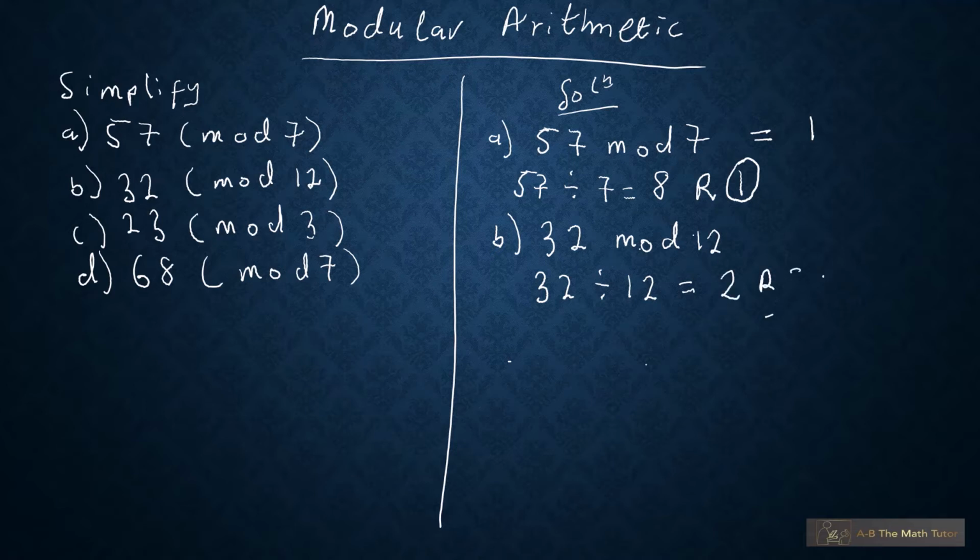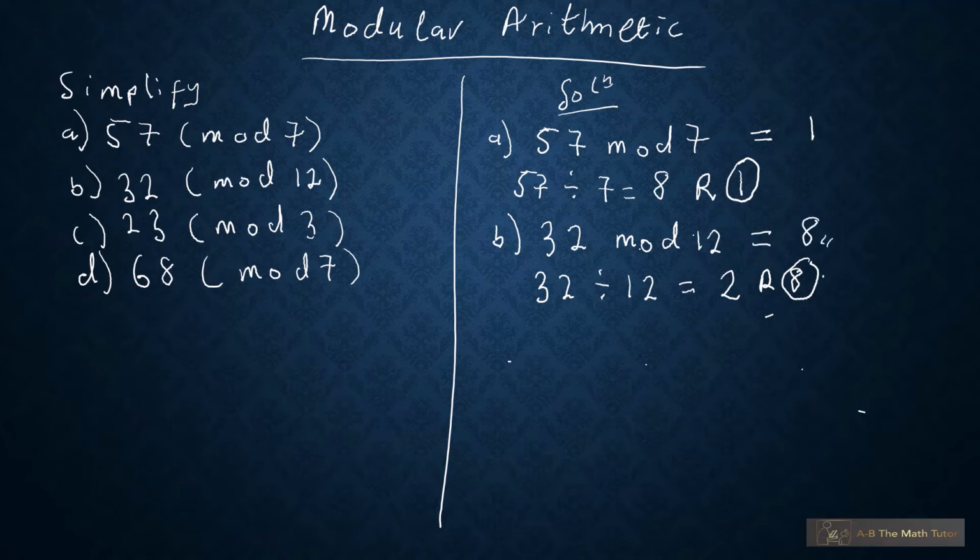Because 12 times 1 is 12, 12 times 2 is 24, 12 times 3 is 36. That's more than 32, so we can't really say it's 3. So 32 can be divided into 2 different groups when we are sharing it amongst 12 people, and there will be 8 remaining. So since our remainder is 8, then this is congruent to 8. And that's our final answer.